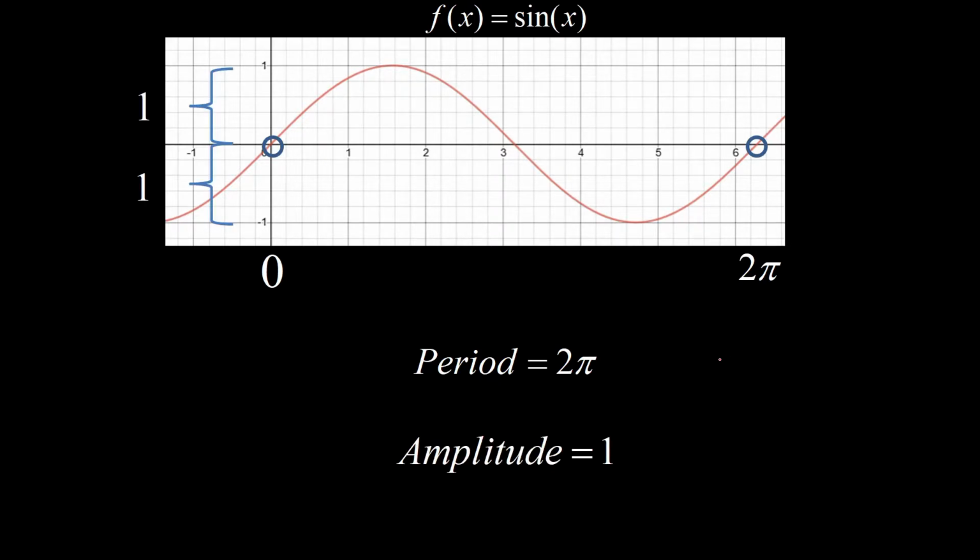So another piece of terminology. Period is one piece of terminology here, and the next one is going to be amplitude. And amplitude specifically means the distance from your central axis to the max and the min.